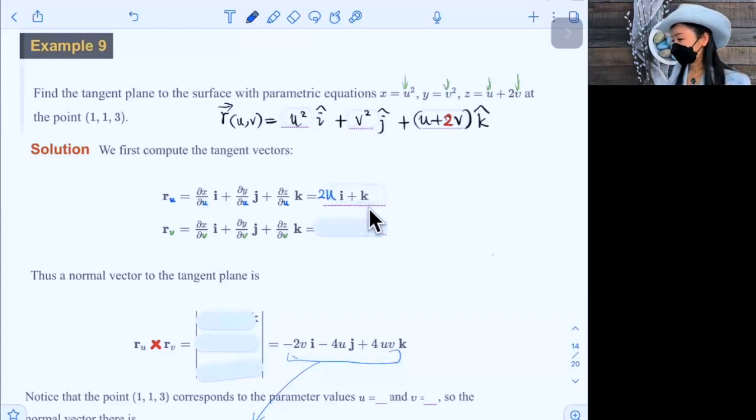Okay, that's that one. What about the partial derivative of this with respect to v? 2v j plus 2k. You got it. Good job.